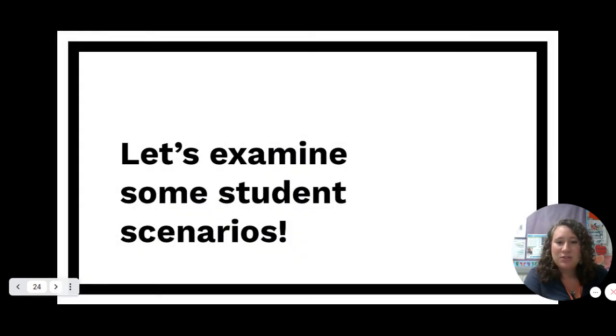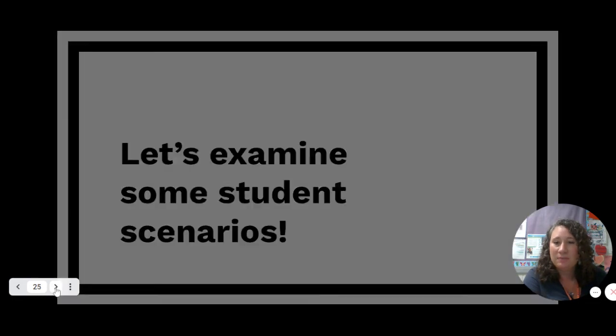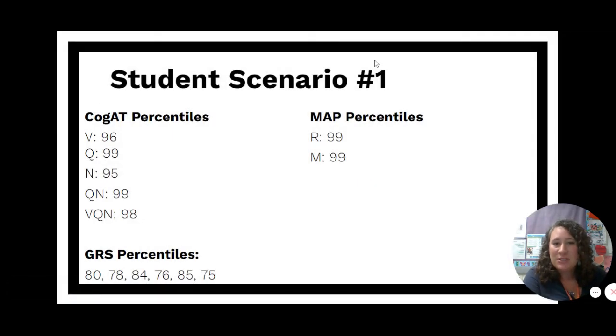These are the student scenarios that we will study to determine how students receive points on the rubric. For student scenario 1, we have COGAT percentiles: verbal of 96, quantitative of 99, nonverbal of 95, quantitative and nonverbal together is 99, and the overall composite VQN is 98.